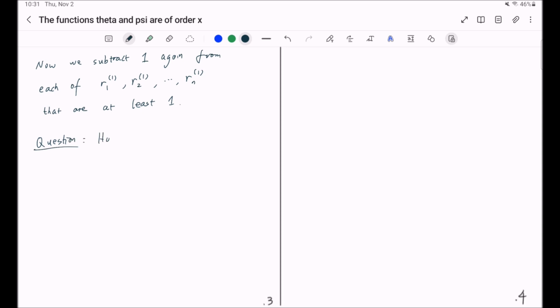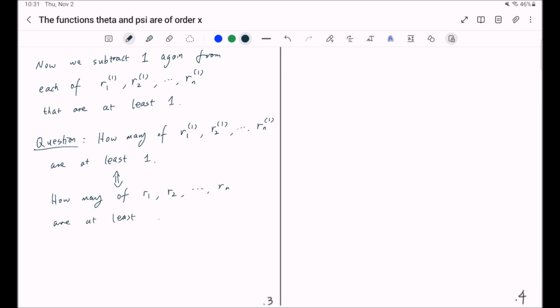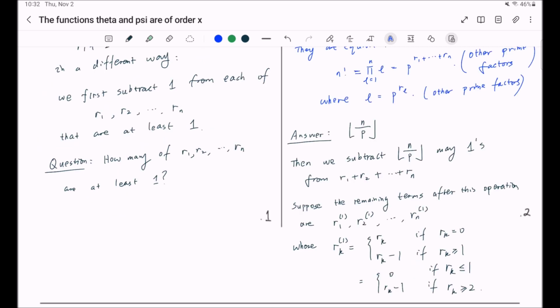How many of R1 1, R2 1 through Rn 1 are at least 1? Note that this question is equivalent to how many of R1, R2 through Rn are at least 2, based on our relations, namely the relations here.